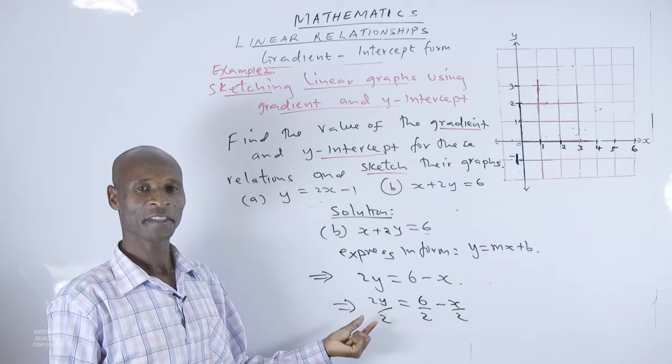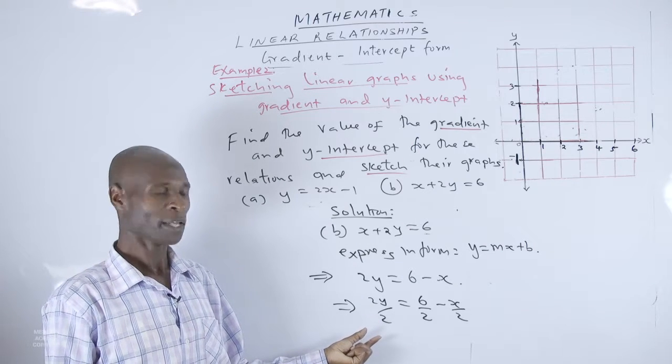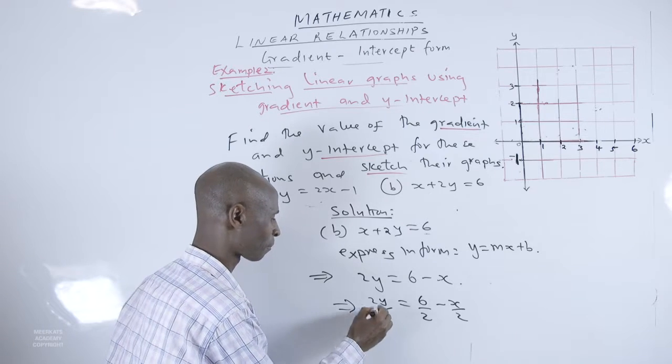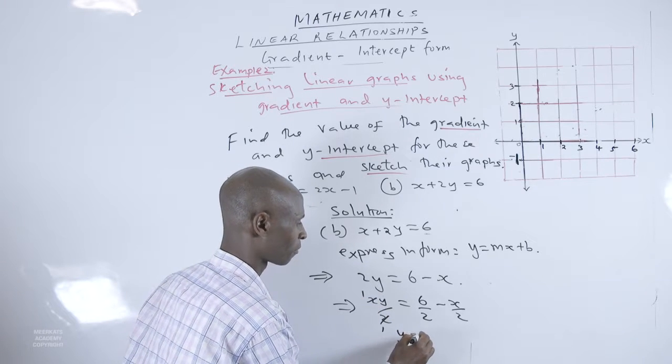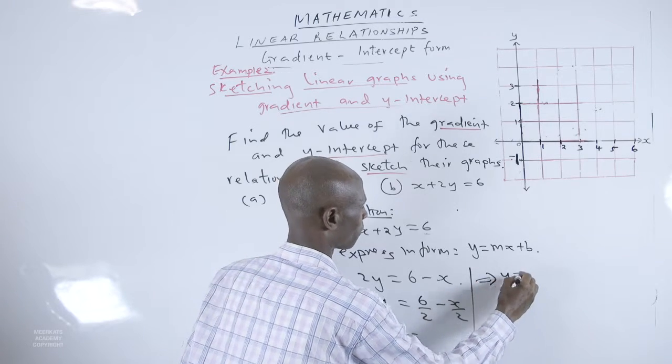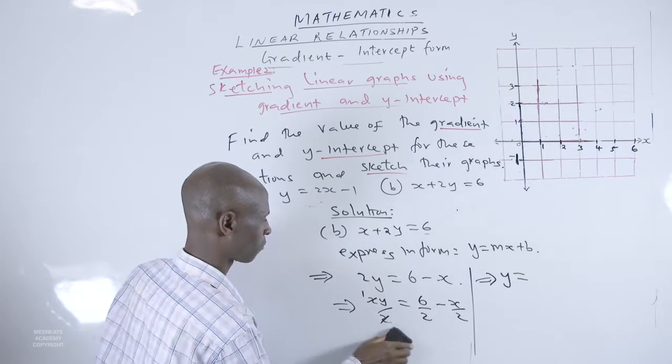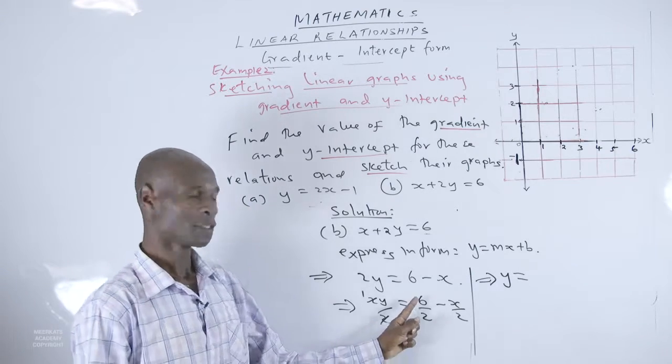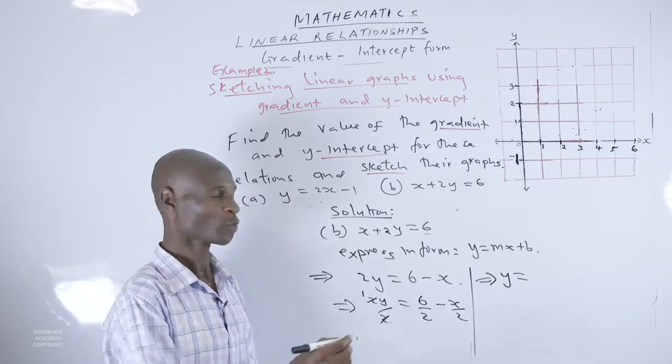So if we divide the left-hand side by 2, we remain with y. Six divided by 2 is equivalent to 3.